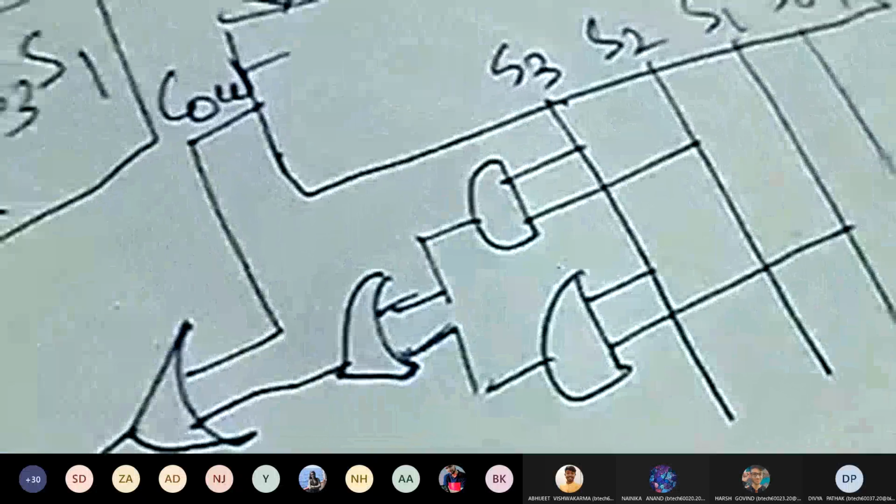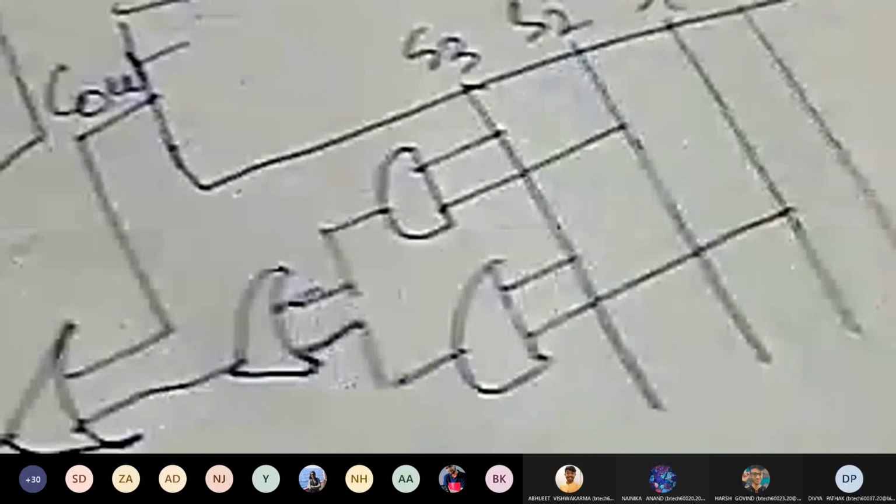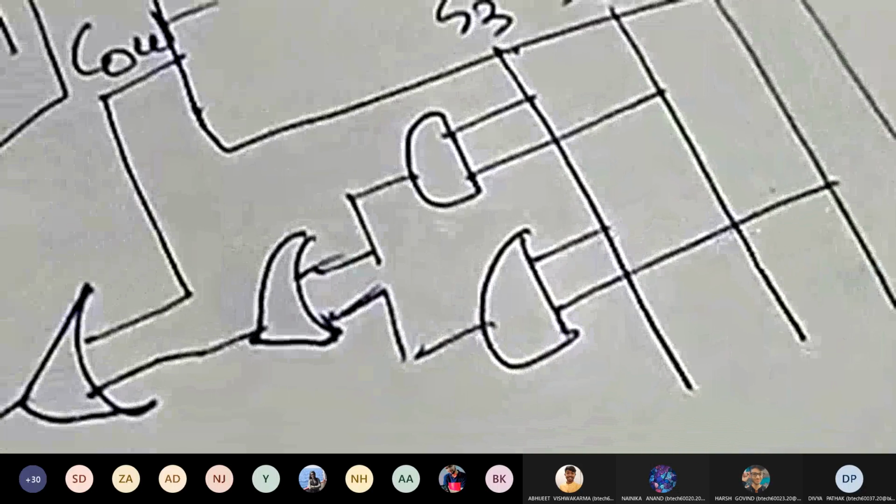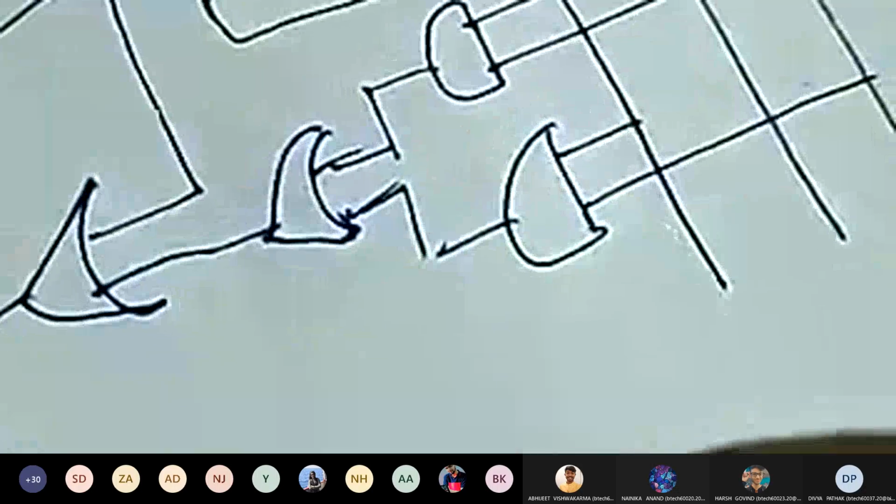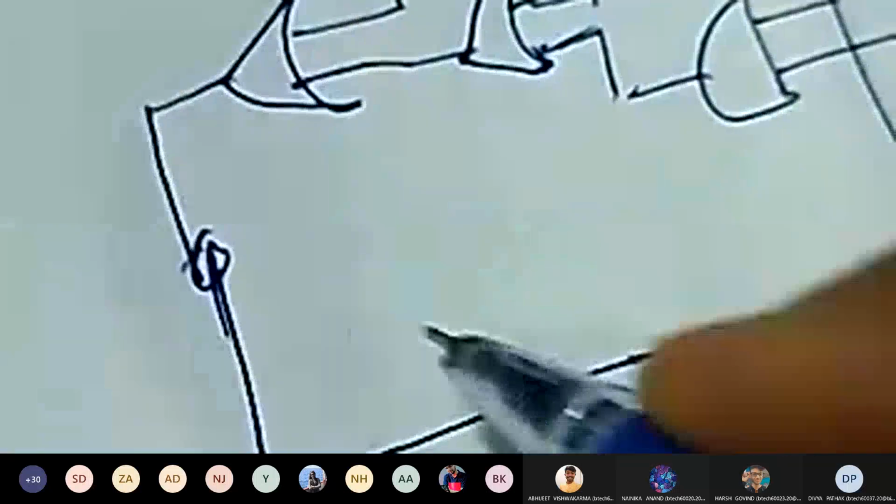So the value will be like this. This is the 0 value, and whatever value you are getting will be 1 always.